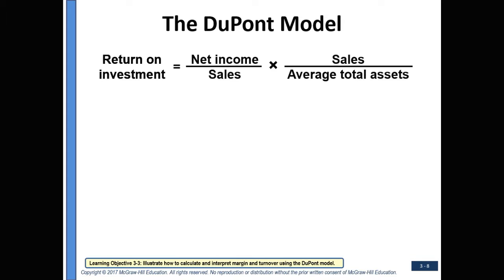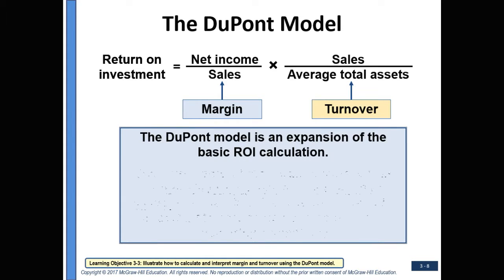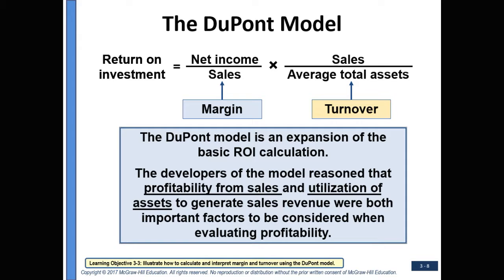The developers of this model reasoned that profitability from sales and utilization of assets to generate sales revenue are both important factors that need to be considered when we're looking at and evaluating profitability.